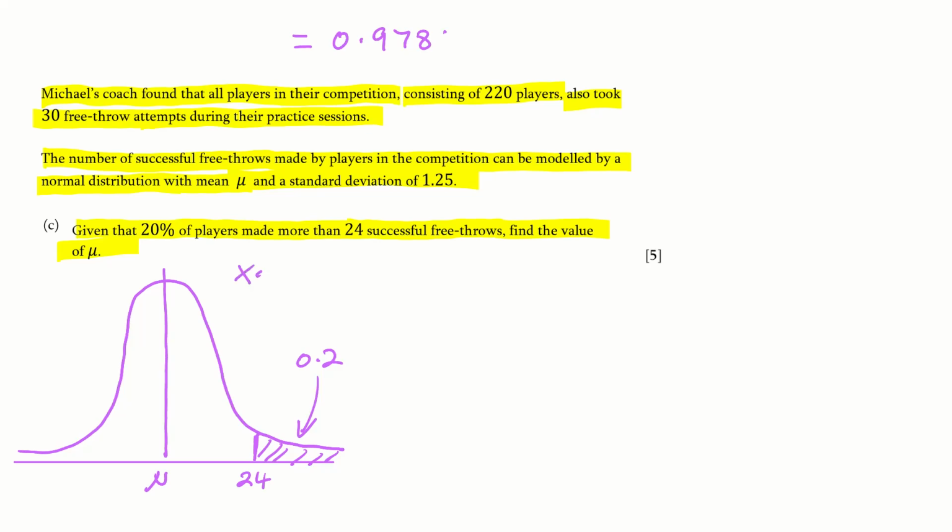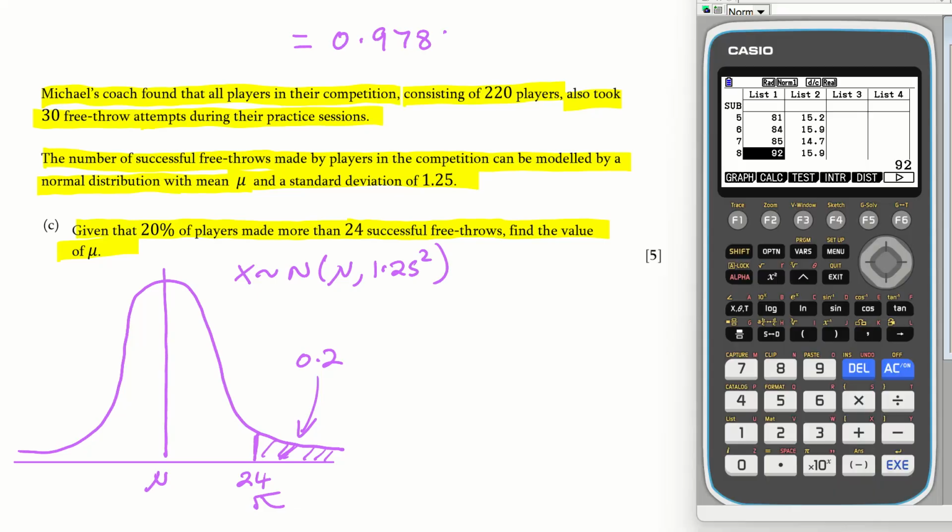This distribution is a normal with a mean of mu and a variance of 1.25 squared, since the standard deviation is 1.25. Now, if this is 0.2, what we really want is the z-score for this value. In other words, we want to look at it as a standard normal.